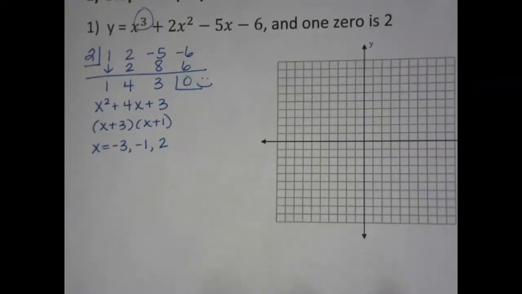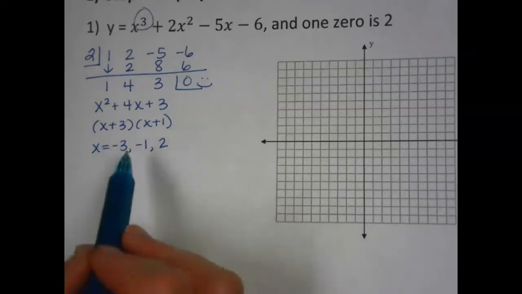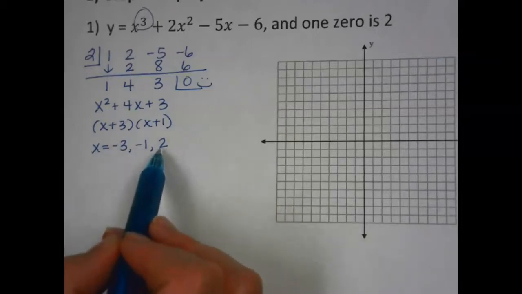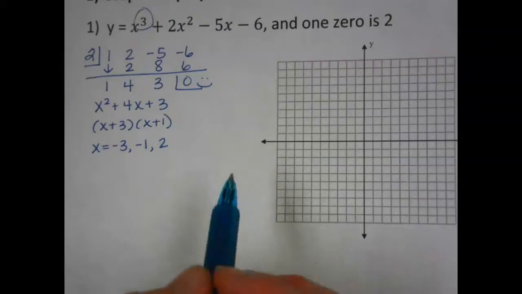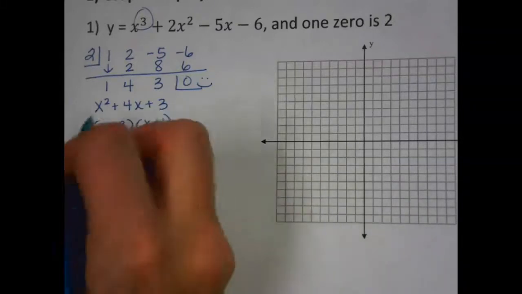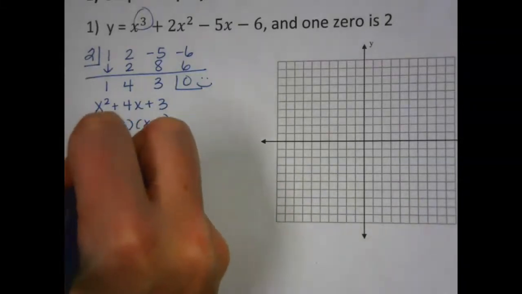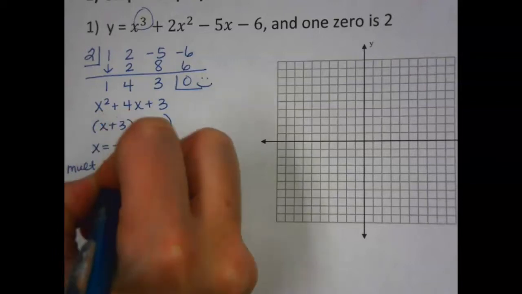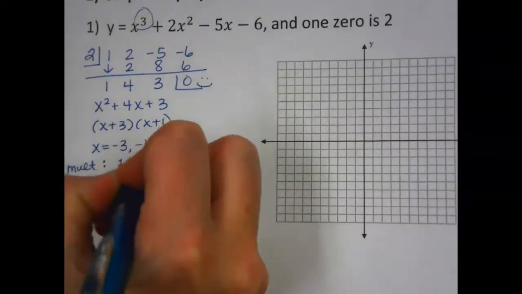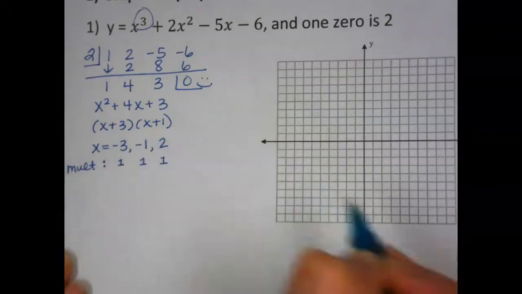So step 1 was to find the X-intercepts, and we found 3 of them. That means since we have 3 and it was a cubic, they all have a multiplicity of 1. They only showed up one time. One time, one time, one time.